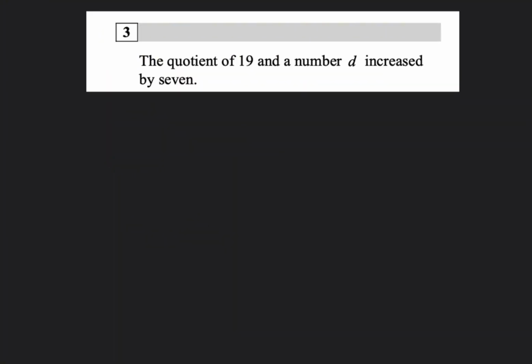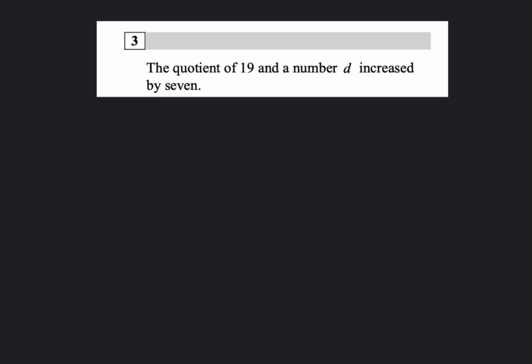Next question. They said the quotient of 19 and a number d increased by 7. You are going to ask yourself what is the meaning of the quotient. The quotient here means the fraction, the division. Understood? So we have many ways to say the quotient. So now let's start. Quotient of 19 and a number d.